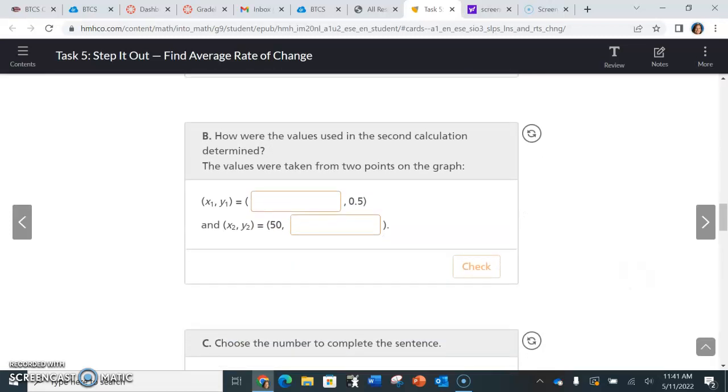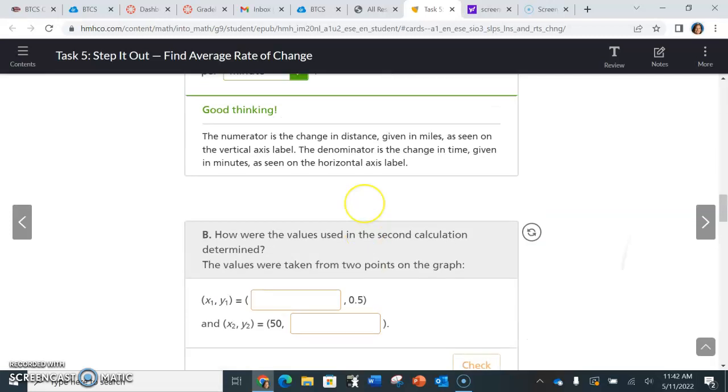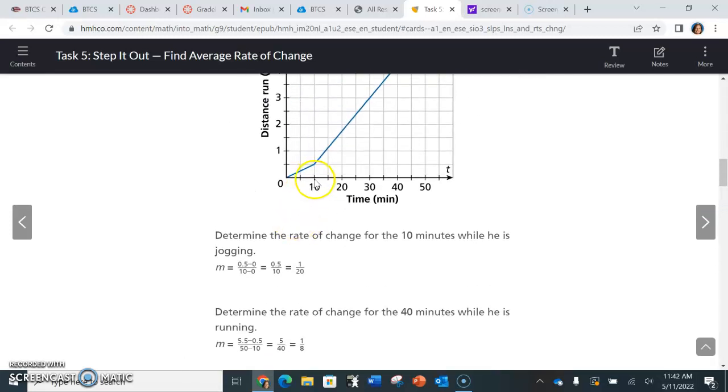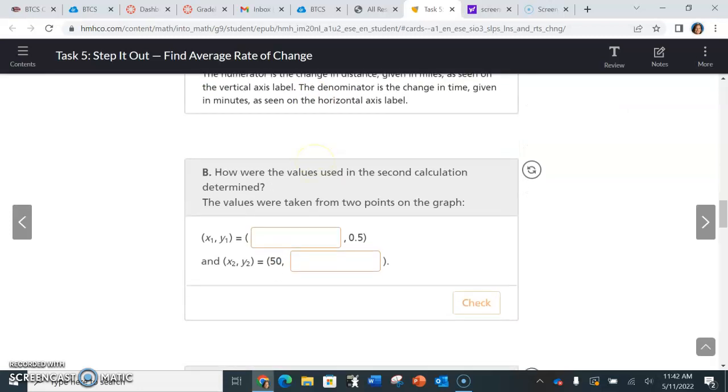All right, so it says, how were the values used in the second calculation determined? The values were taken from 2 points on the graph. x1, y1 equals, so x1, y1, that was the 10 and the 0.5.